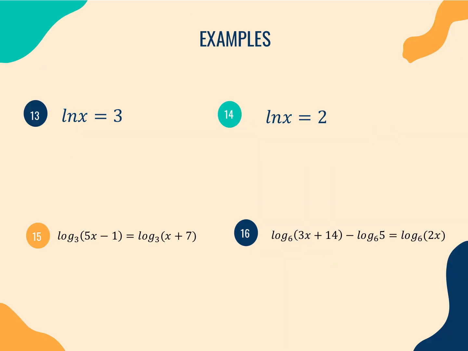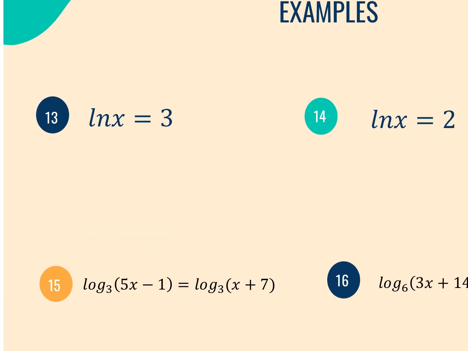So something like this, if I have ln of x equals 3, I only see one singular log here, so I'm going to convert it to exponential. This is the same as log base e of x equals 3. That should be something we know pretty well by now: ln is the same as log base e. Then you convert it to exponential, so I get e to the power of 3 is x.